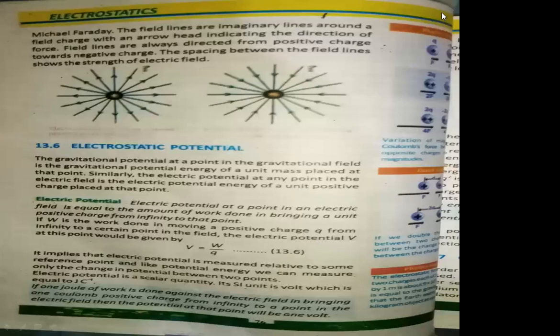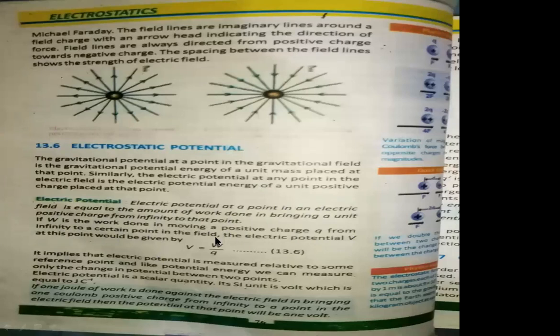We apply force and it covers the displacement, that's why it is work done. So it is the amount of work done in bringing a unit positive charge from infinity to that point. If W is the work done and the charge is Q, then the electric potential will be denoted with V.